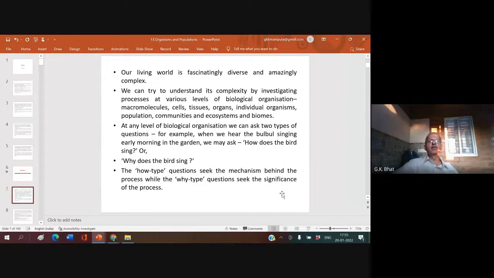Those of you staying at Udupi, in the nearby villages, or near Lalbagh or any park, I am sure you hear the singing of birds. It is a bird call.